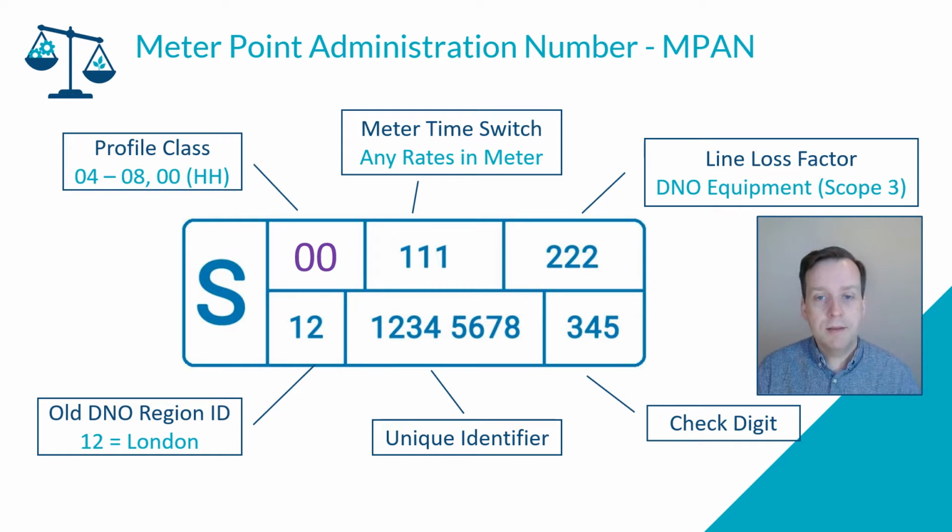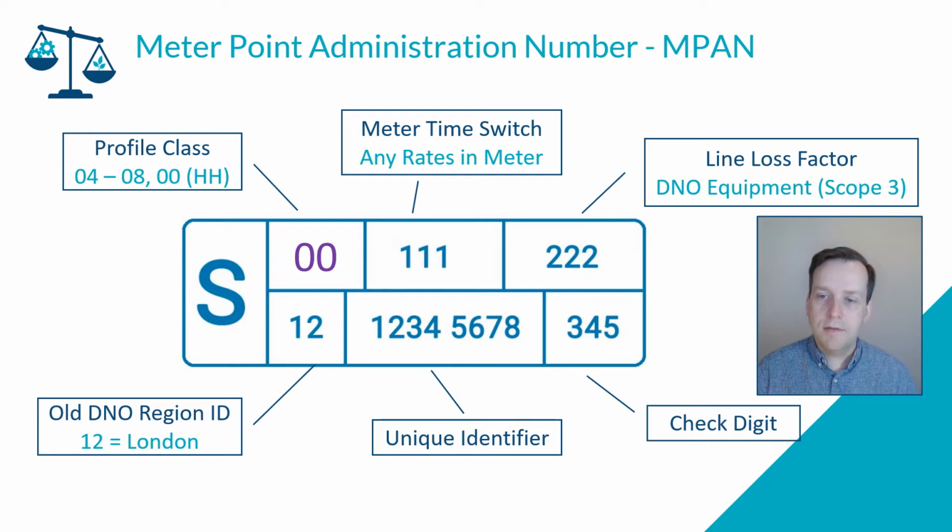Meter time switch, basically this is whether there's any built-in rate within the meter, such as night, daytime, typically superseded by the smart meter and remote processing of time of day billing. Line loss factor, this is an interesting one. It describes the distance, or technically the losses between your meter and the DNO supply point.